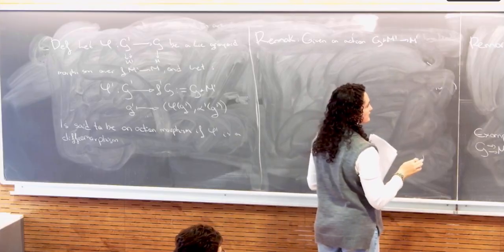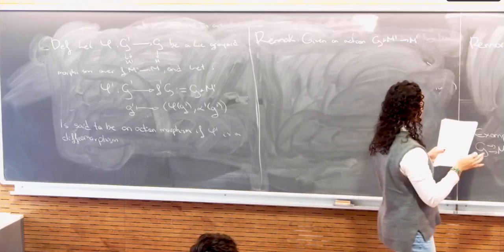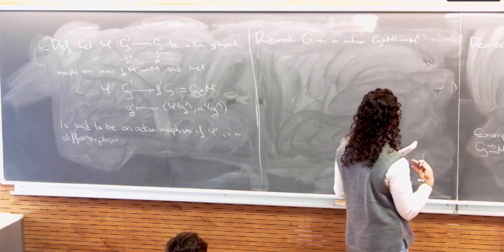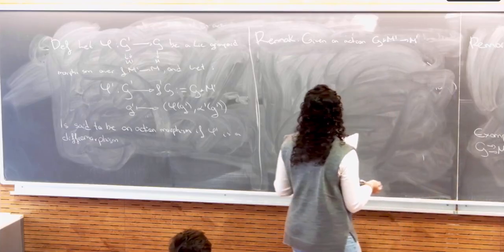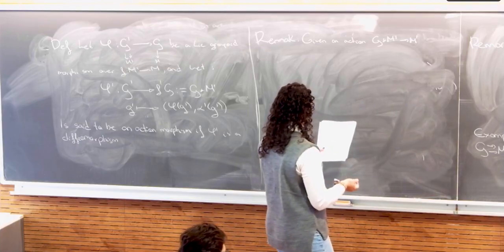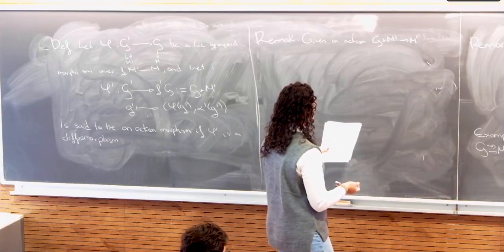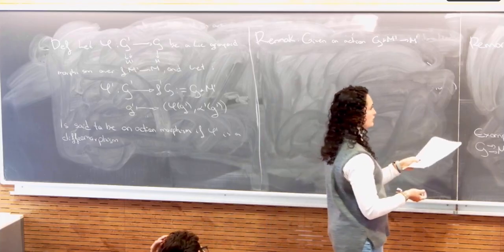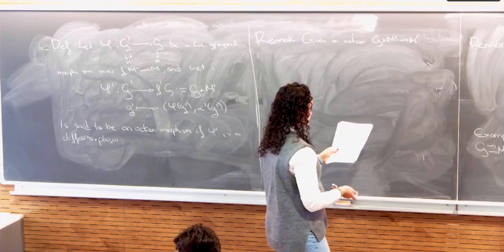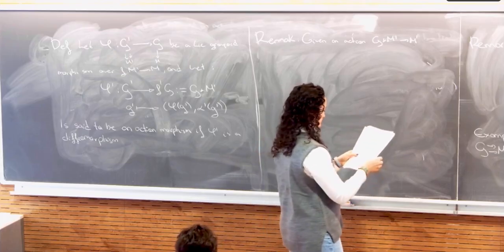We had this canonical Lie groupoid morphism between the action Lie groupoid and the Lie groupoid. So having this morphism, we can define an action morphism from this morphism.